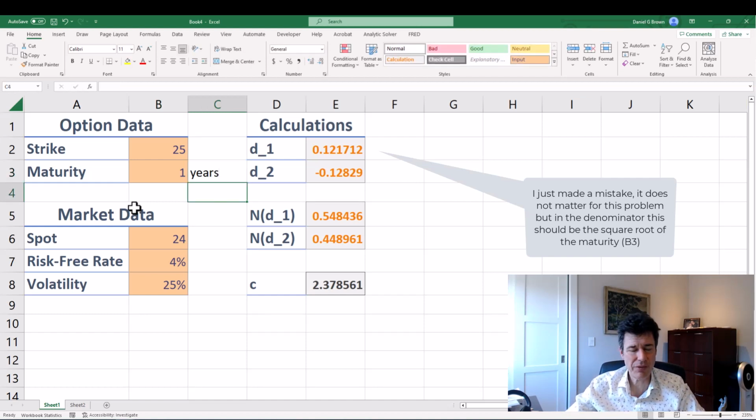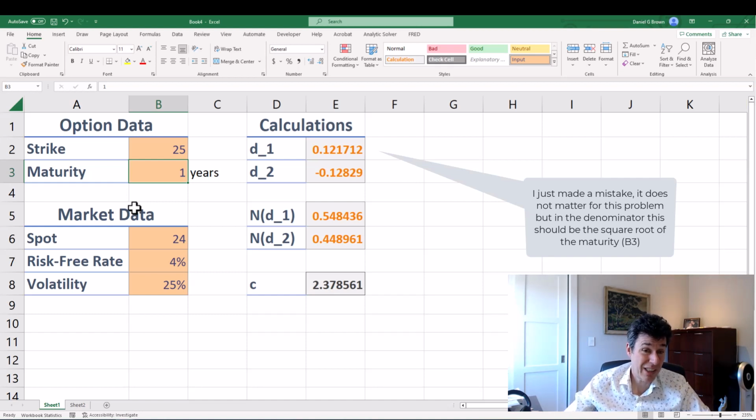If we think about it, the maturity is a particular date. So as time passes, the maturity on any option is going to get shorter, right? So it starts at 365 days, then it's 364, then it's 363, and so on. So maturity changes if we look at it in terms of years. The right way to think of it is a European option matures on a particular date.